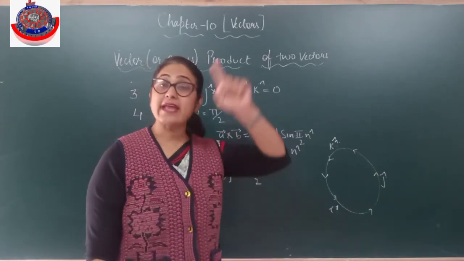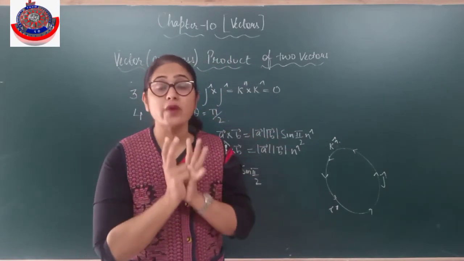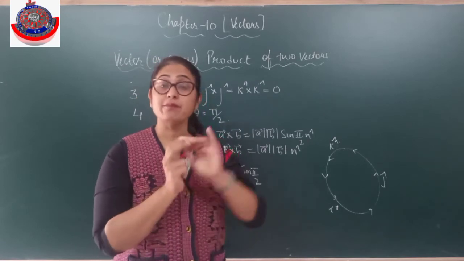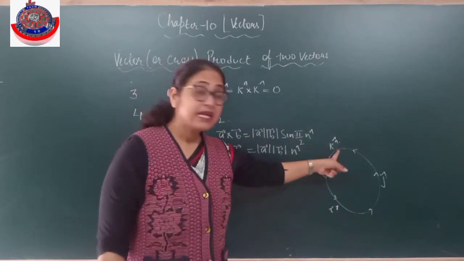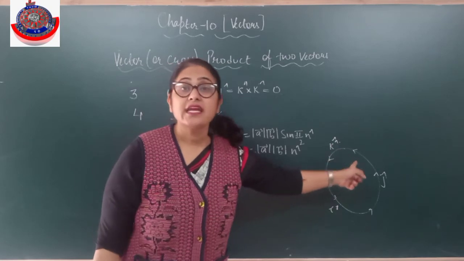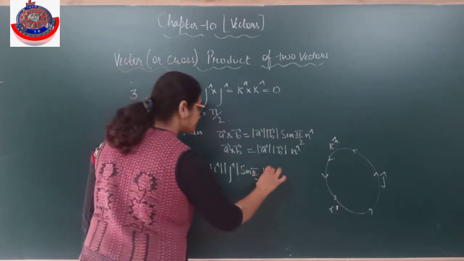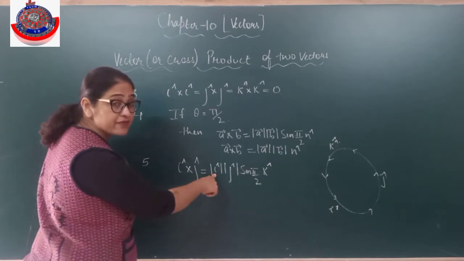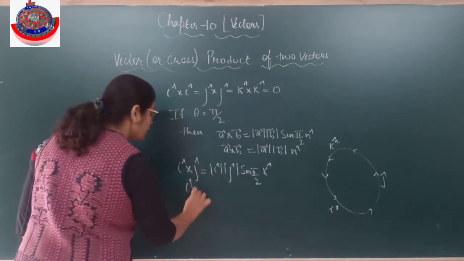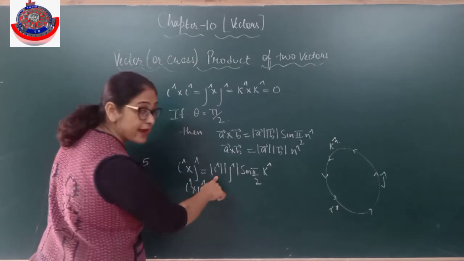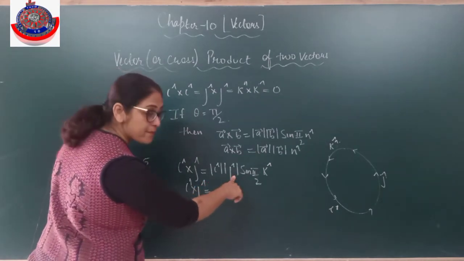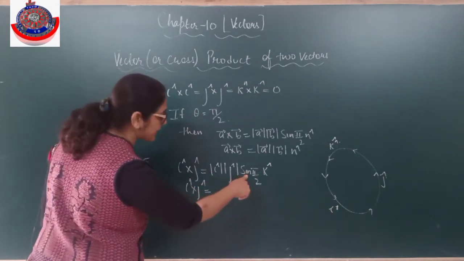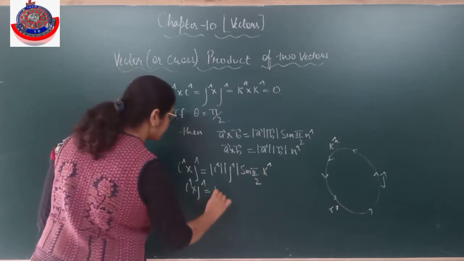We did at the start that n cap is mutually perpendicular to a and b. Now which vector is mutually perpendicular to I and j? That's right, that is the k vector. So it will be k cap. I cap is a unit vector along the x-axis, so its magnitude is 1. Magnitude of j cap is also 1. Sine 90 is 1, and k.